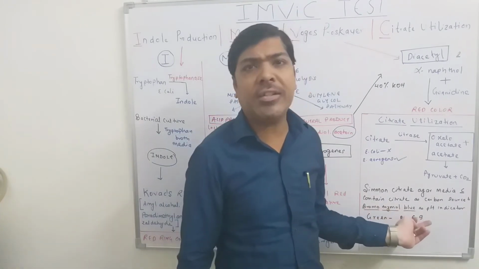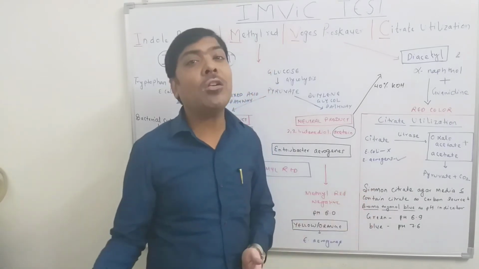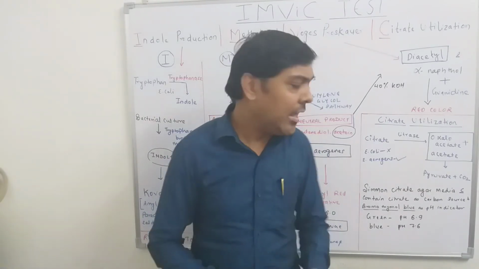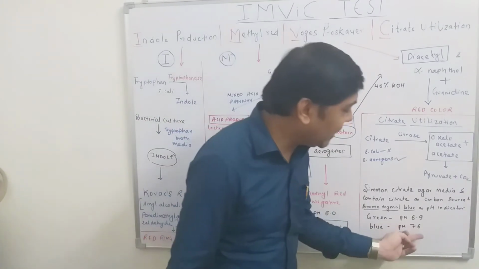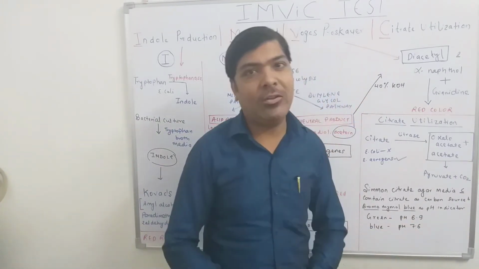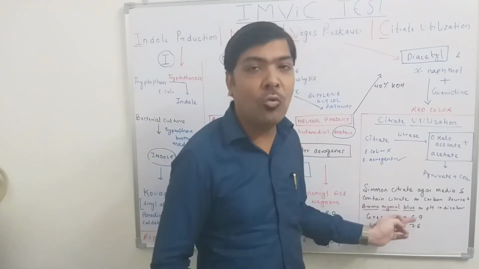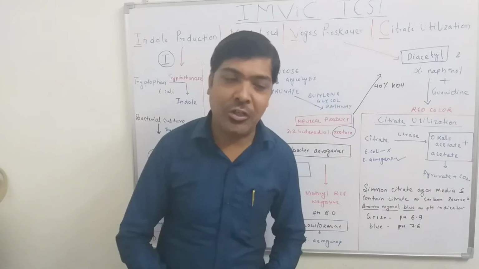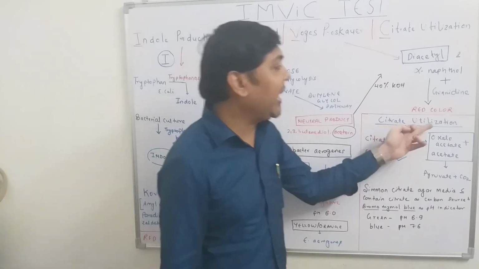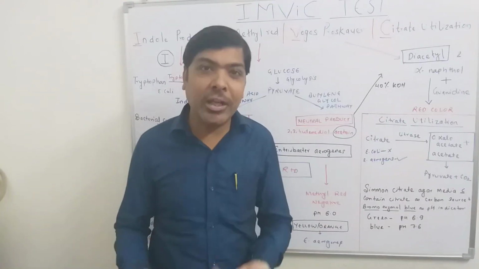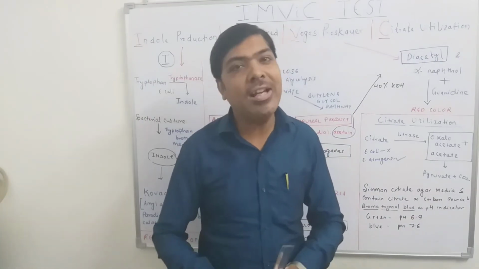Initially the pH is around 6.8 or 6.9, but because of citrate utilization and the formation of alkaline end products, the green color is converted into blue as the pH is elevated from 6.9 to 7.6. At a pH of 7.6, bromothymol blue has a blue coloration. Why is the pH elevated? Because of the utilization of citrate. And who can utilize citrate? Only Enterobacter aerogenes.